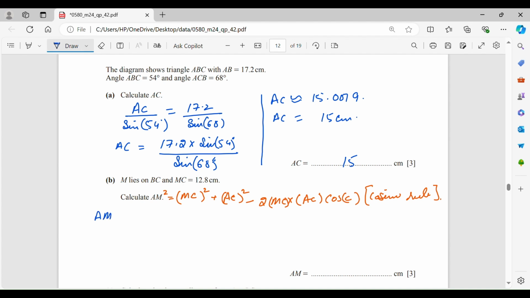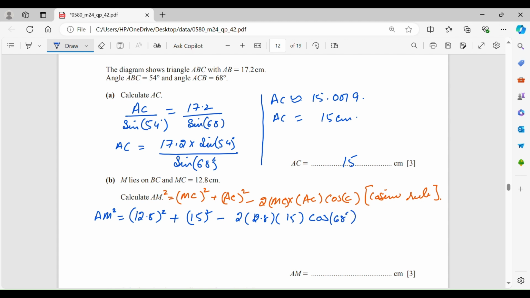AM square is equal to MC, which is 12.8 given, whole square, plus AC, which we found above as 15, square, minus 2 times 12.8 times 15 times cos 68 degrees, right?